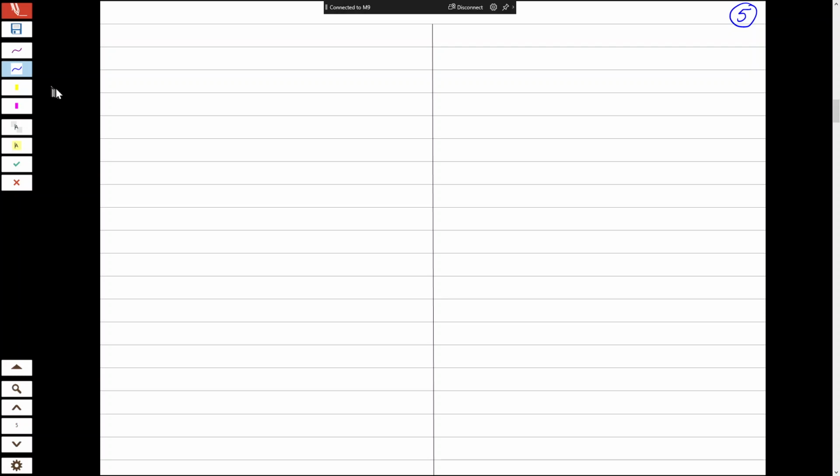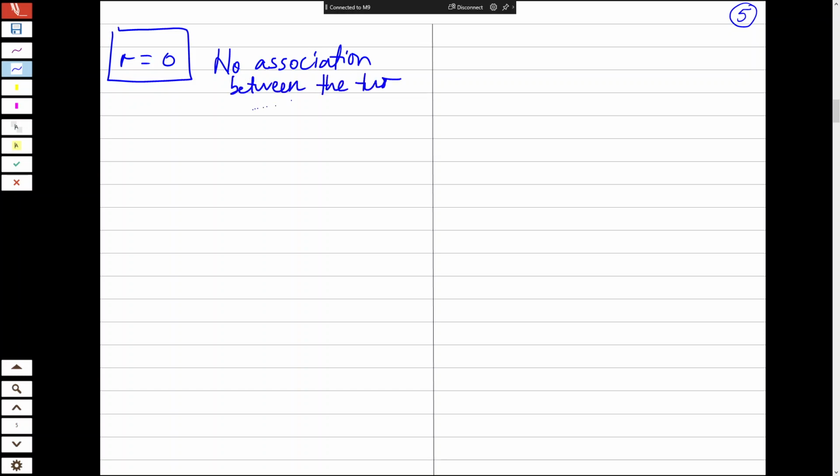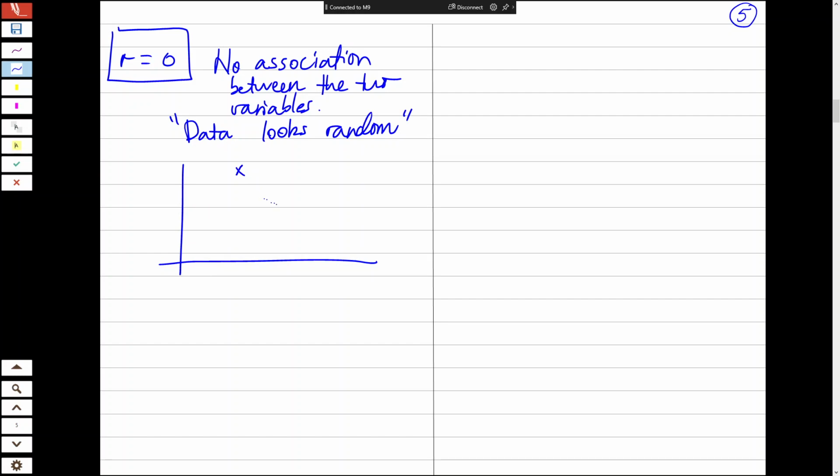Okay, third case. No association if R equals 0. So it's very hard to draw completely random data, but I'm going to try.